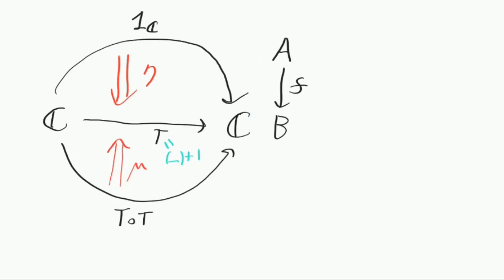And of course the answer is that we're going to have an arrow T of F from T of A to T of B. But in our case, T of A is going to be A coproduct with the terminal object, and similarly T of B is going to be B plus 1.